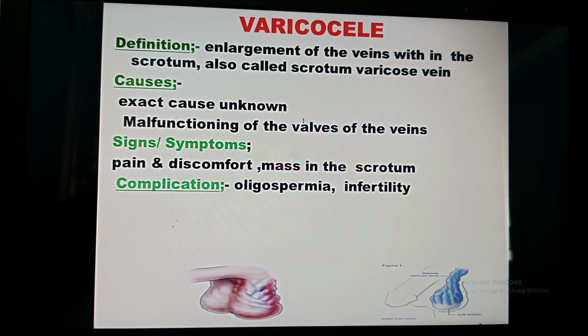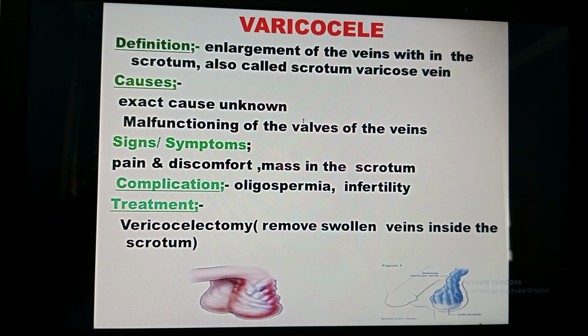In such a condition, he will approach the doctor, and through the doctor's assessment, sometimes the doctor will diagnose varicocele. The treatment is varicocelectomy, meaning removing the swollen veins inside the scrotum and repairing the valve, making it proper when it is not functioning properly.